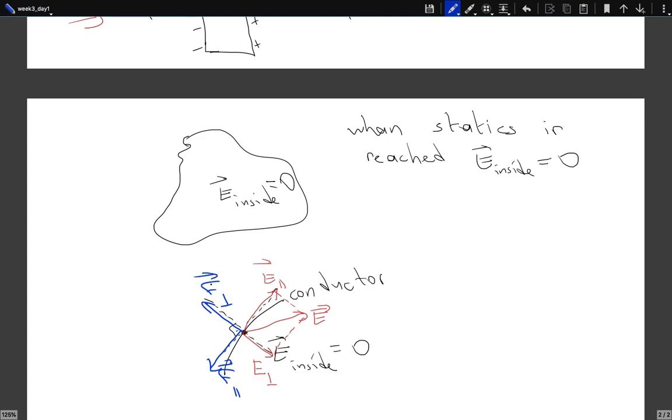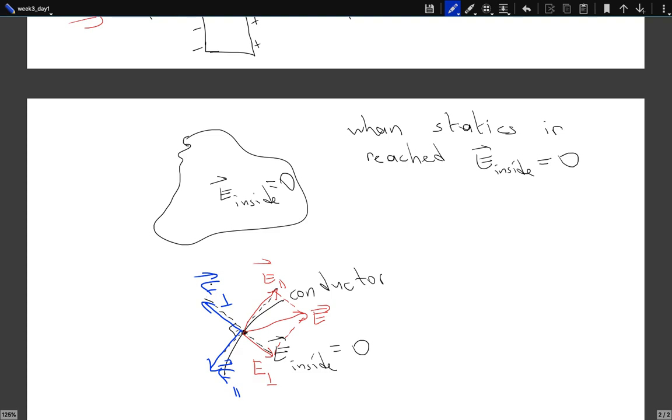Now, the metal will not allow the electron to leave the metal. So there will be forces acting on the electron, not shown here, due to the metal. Those forces will prevent the electron from leaving the metal, but it will allow the electron to move freely inside the metal. So this force will not create any motion because of the forces created by the conductor, by the metal itself.